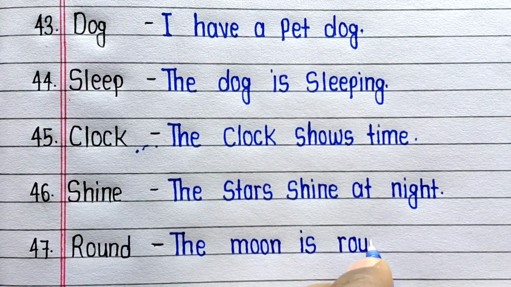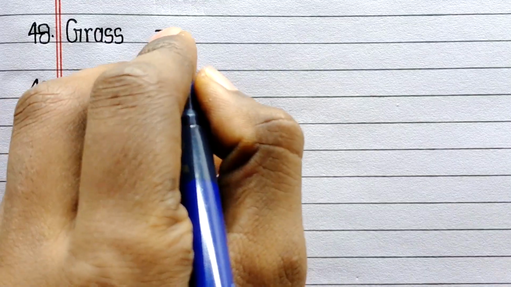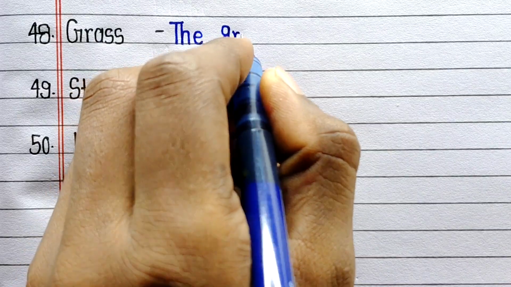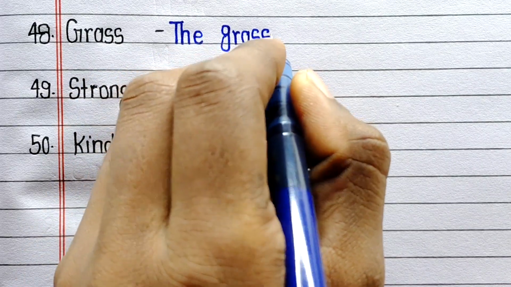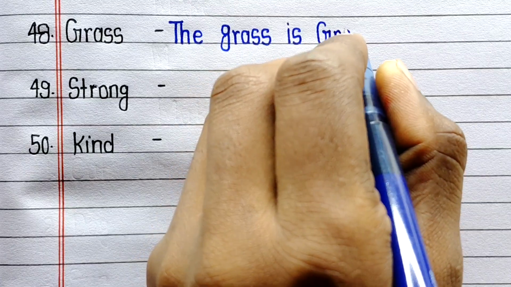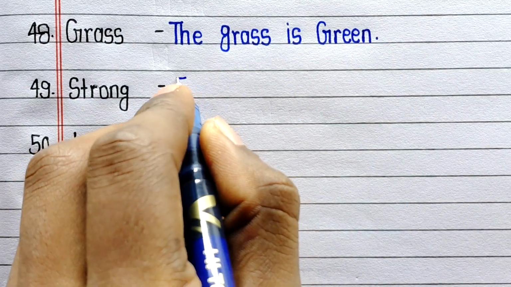Round. The moon is round. Grass. The grass is green.